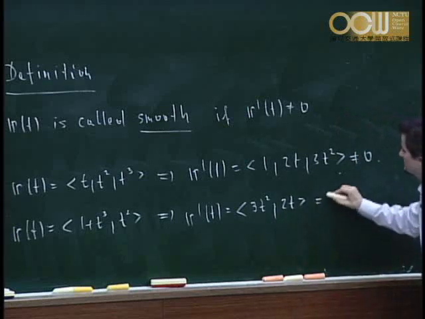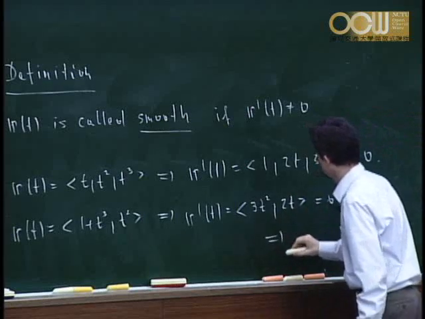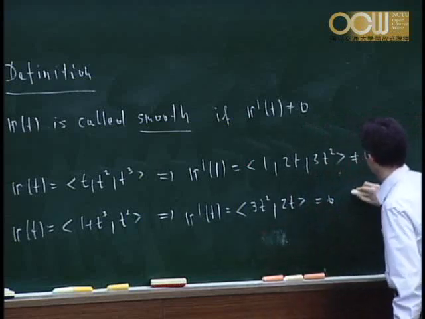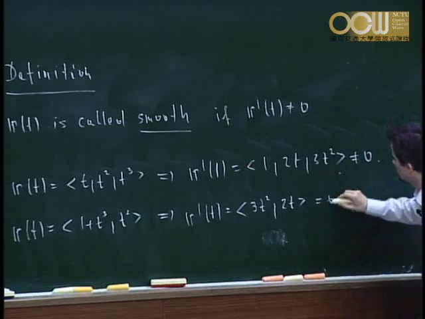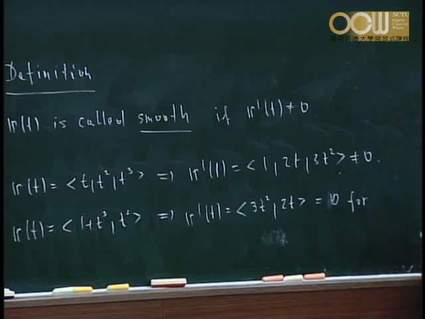And you see that this will be equal to 0, the 0 vector actually, for t equal to 0.